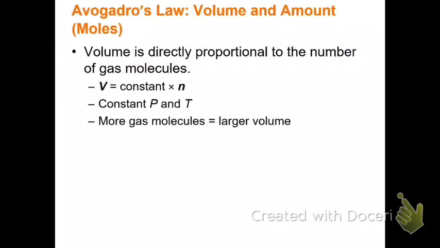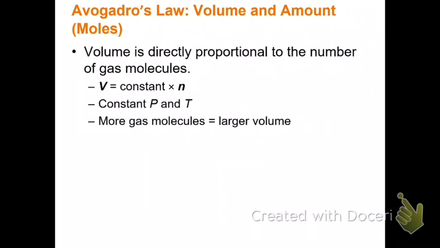All right, so far we've looked at three different gas laws, right? Boyle's law, Charles's law, and Gay Lussac's law. The fourth one here is Avogadro's law. So now this one relates the number of molecules with volume, right?